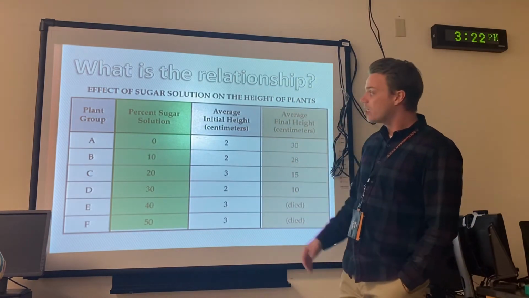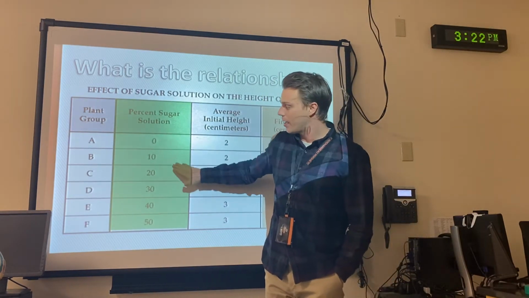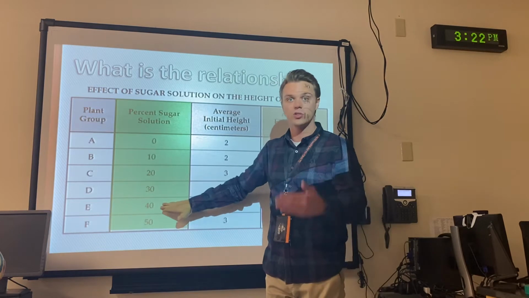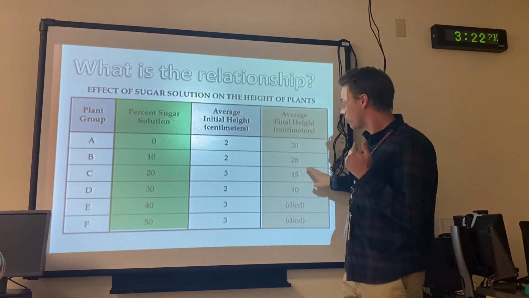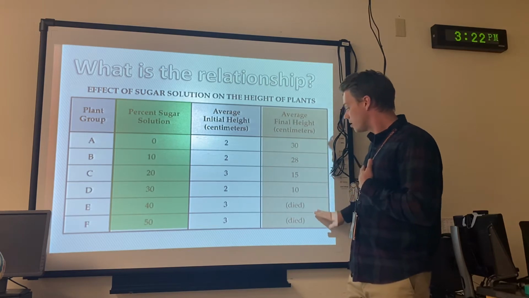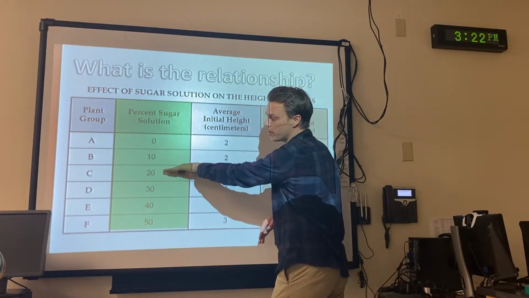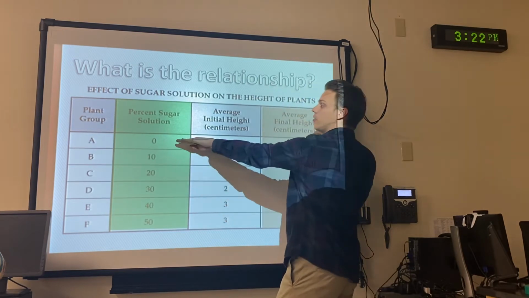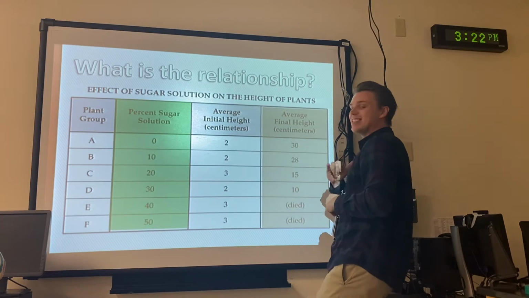What we see is that as the percent solution increases from 0, 10, 20, 30, so as the sugar increases, the height of the plant is going to, in this case, decrease. Main point: as one thing increases, the other side is going to decrease.